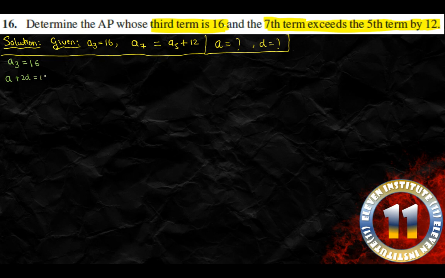So what we get is A plus 2D is equal to 16. So this will be one of our equations, that A plus 2D is equal to 16. Fine. I hope this is very much clear to you. Alright. So this is one equation.